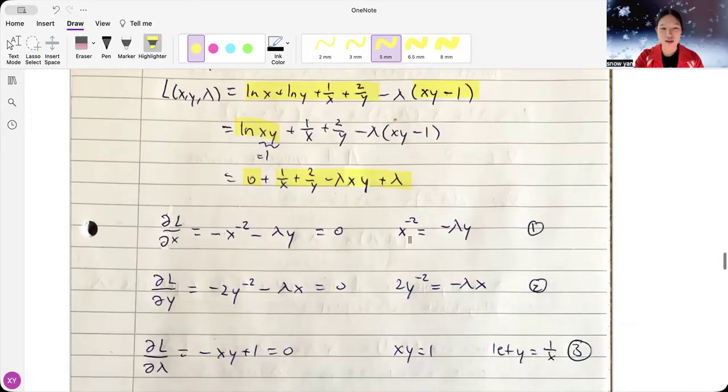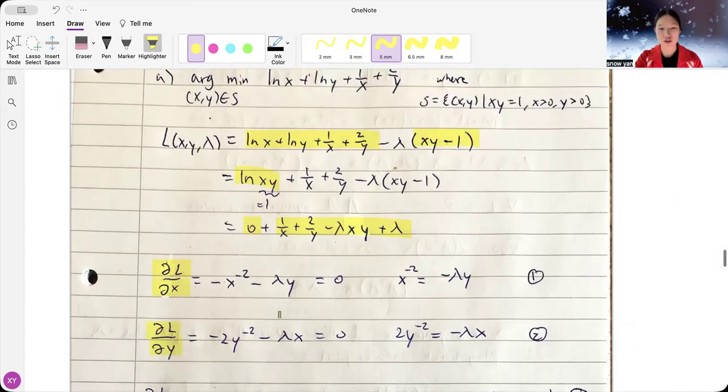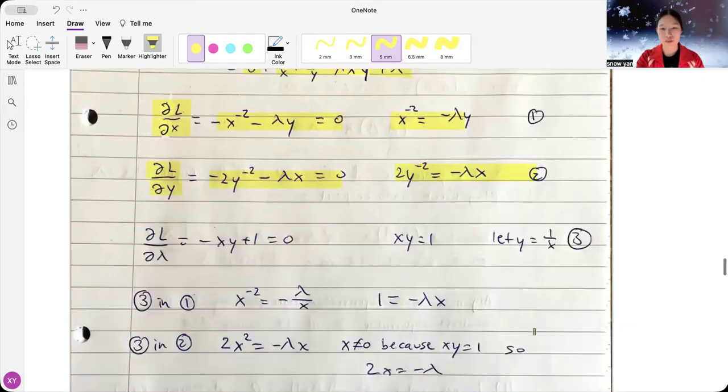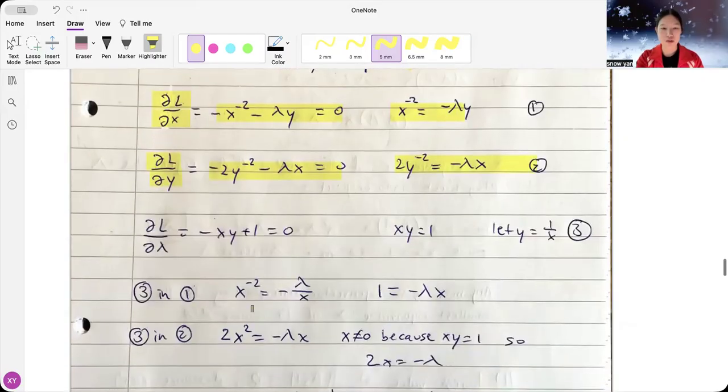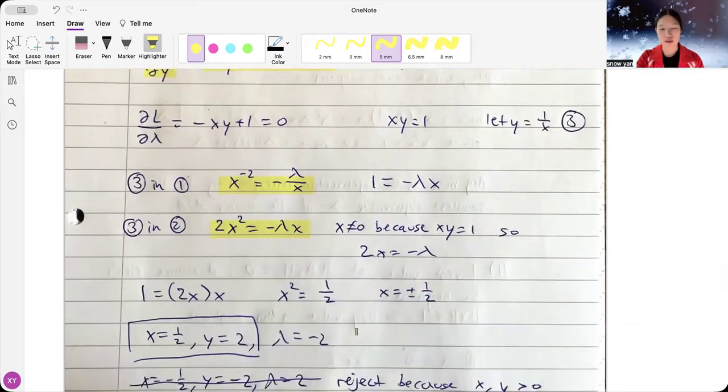Then I did what I usually do: take the Lagrangian partial derivative with respect to x and with respect to y. Obviously, this step was extraneous because that would just give me my initial condition. So this would just be my two equations. Now I'm just going to substitute them into each other.